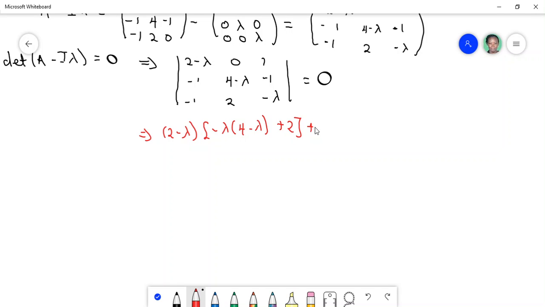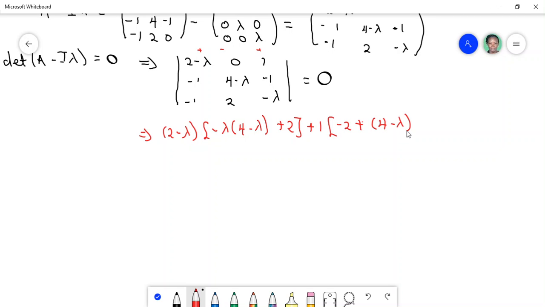So this implies I have 2 minus lambda times lambda squared minus 4 lambda plus 3, which is equal to 0.